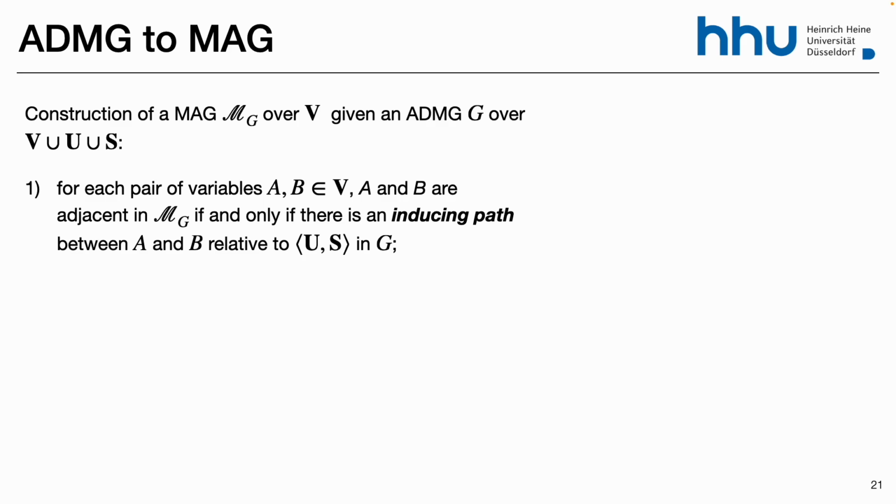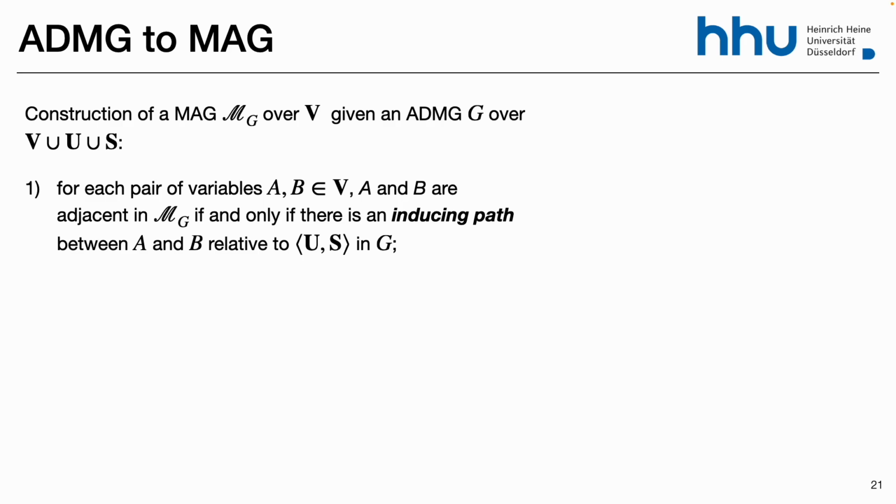So for every pair A and B, only considering the observed variables V, the variables A and B are going to be adjacent in the MAG over G if and only if there exists an inducing path between A and B relative to U and S. Basically, that is the definition we just talked about. This is because we want to preserve the pairwise Markov condition.